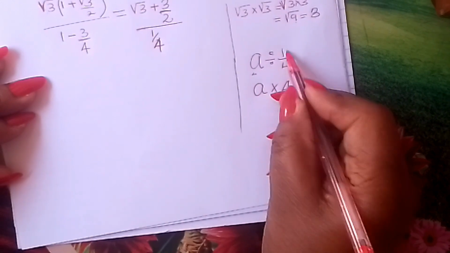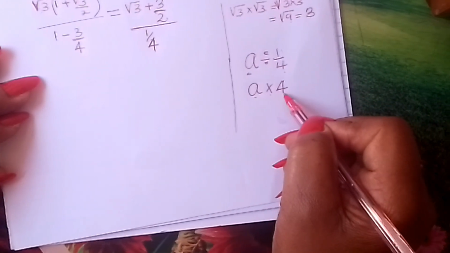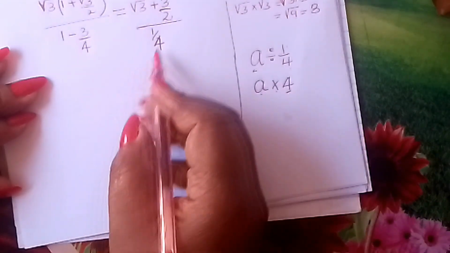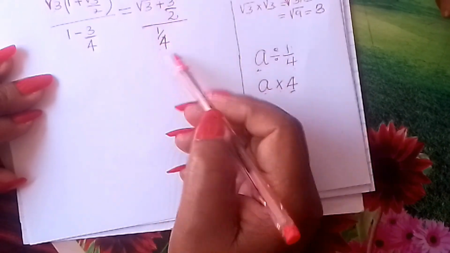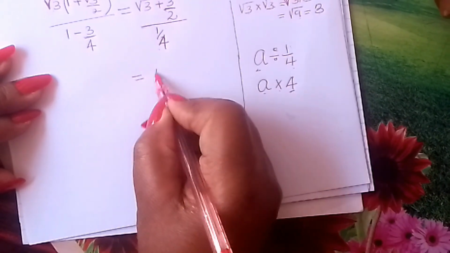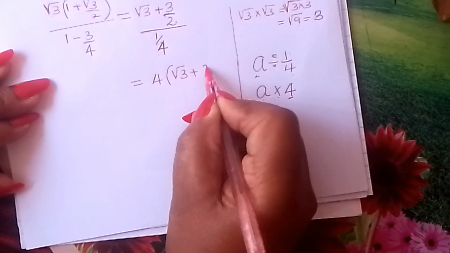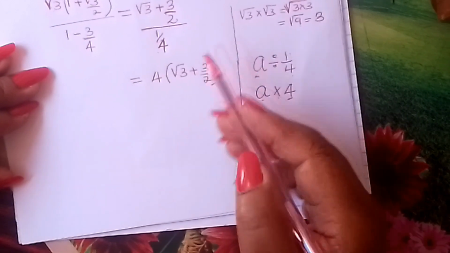Any number divided by a fraction is the same as the number times the reciprocal. So in this case, our reciprocal is 4 over 1, or just 4. And therefore, learner, this divided by this is the same as the numerator multiplied by 4. So you talk of 4 multiplying the numerator. I hope we are together.